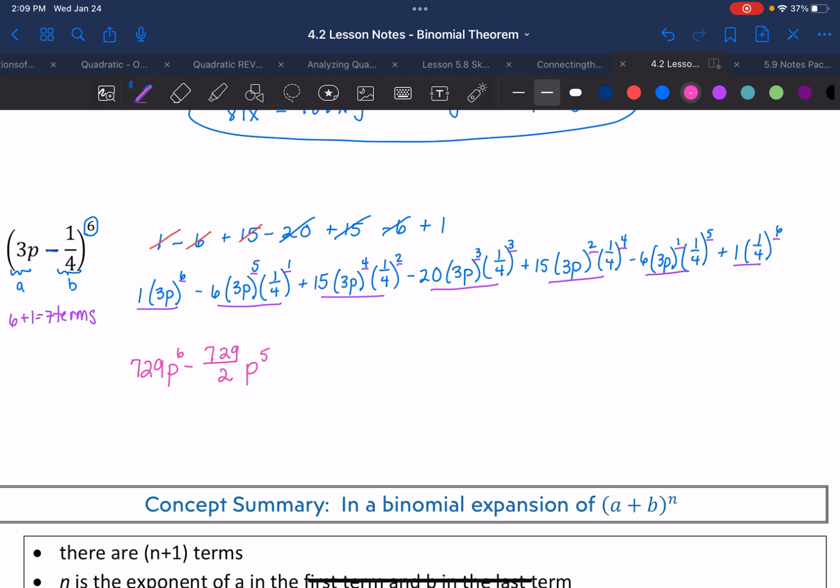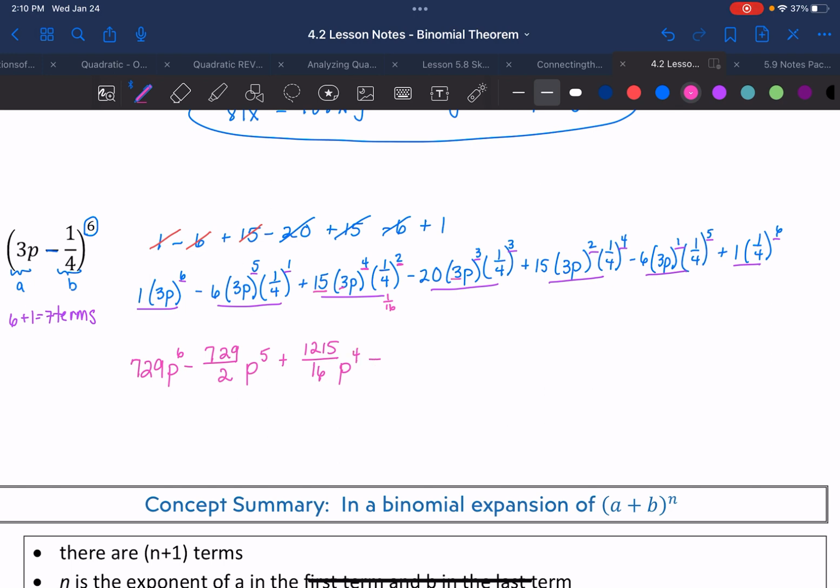I forgot my p to the 6th power back here. Plus, I'm going to take 3 to the 4th power times 15, and then I'll multiply that by 1/4 squared. Remember that 1/4 squared is going to be 1/16. So when I simplify that out, I'll get 1,215 divided by 16, p to the 4th power.